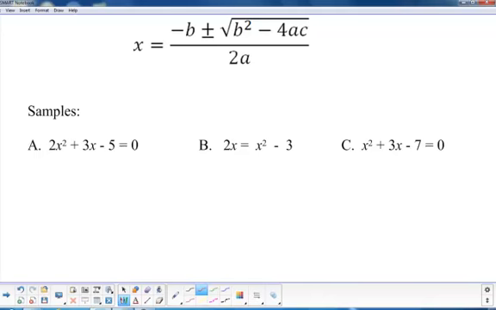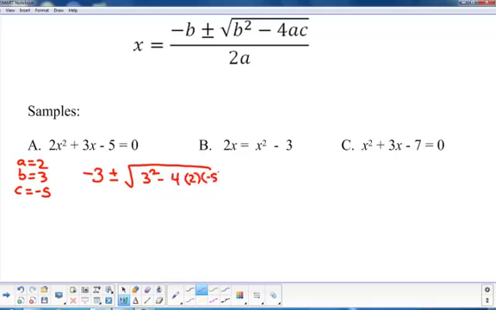So our first equation, we have everything on one side. A is equal to 2, B is equal to 3, and C is equal to negative 5. So negative b plus or minus square root b squared minus 4ac divided by 2a.